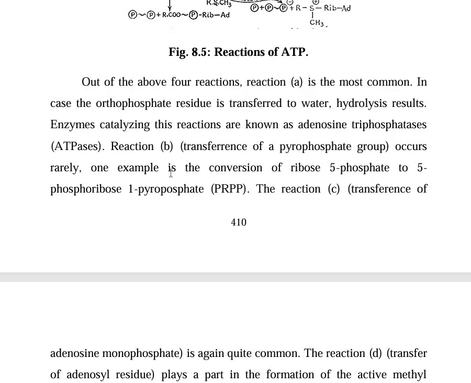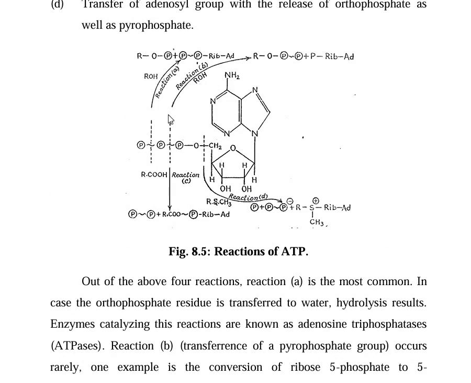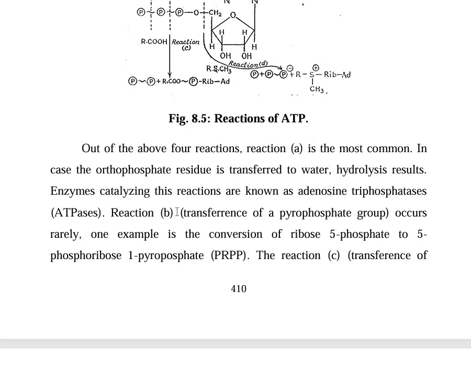Out of the 4 reactions, reaction A is the most common, in which the orthophosphate residue is transferred to water and hydrolysis results. Enzymes catalyzing these reactions are known as adenosine triphosphatases, in simple language ATPases. Reaction B, transference of the pyrophosphate group, occurs rarely.